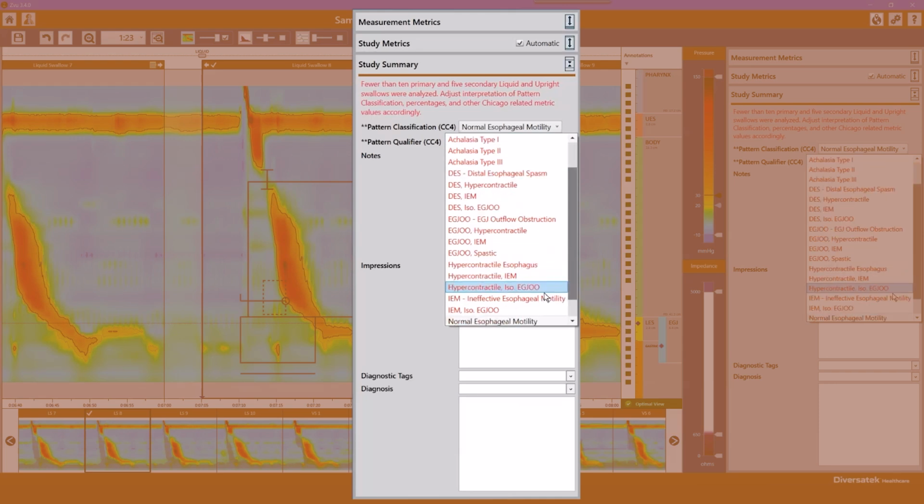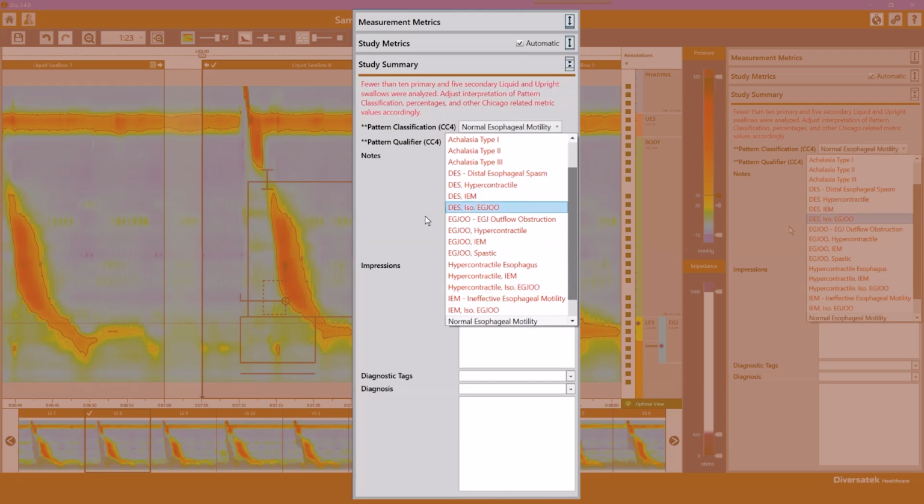With EGJ outflow, sometimes not all criteria were met, but a few were met, in which case the next criteria that was fully met will be listed, and then isolated EGJ outflow obstruction will be listed secondarily to give an indication that there may be still some suspicion of outflow obstruction, which may prompt further review with additional outside provocative tests.